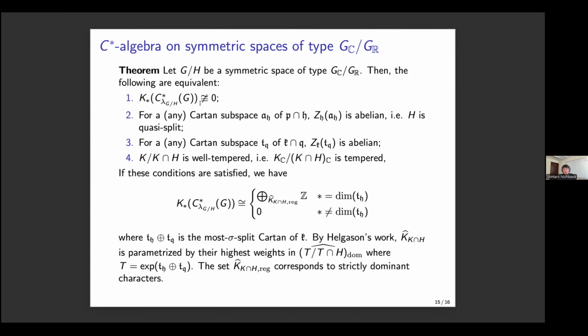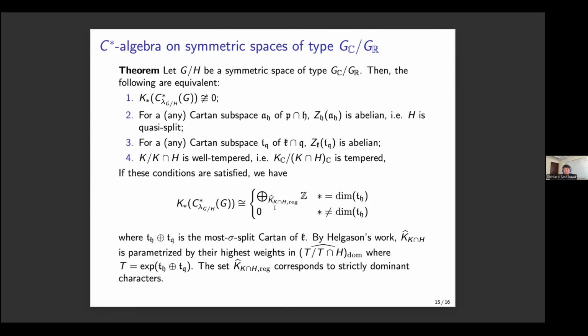What do I want to say? In the case it's non-zero, you have this description. It really behaves like the reduced group C star algebra of a complex reductive group. The K-theory is 0 in one dimension, and in the other dimension it's a direct sum of Z parameterized roughly by representations of K. The subscript K cap H means representations of K with K cap H fixed vectors.